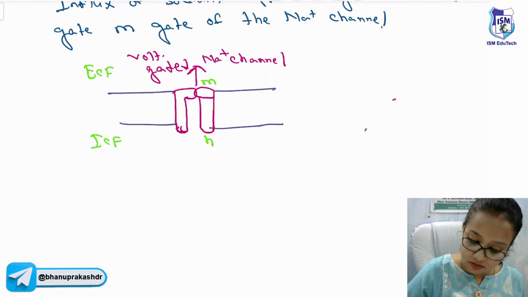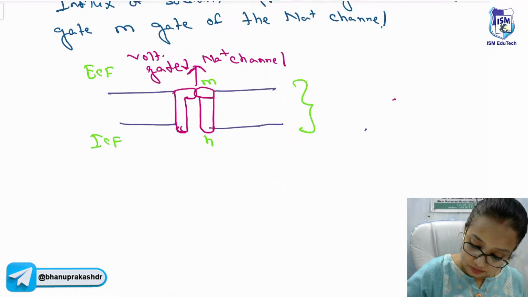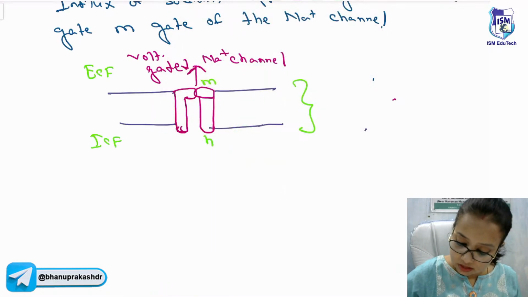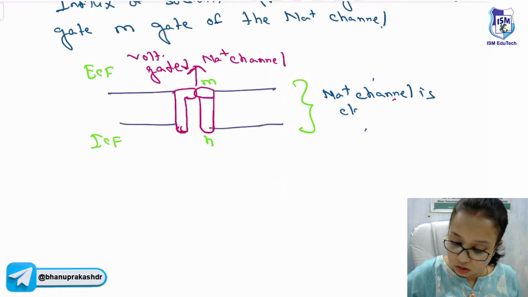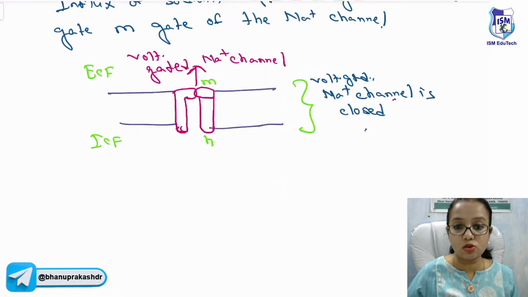Now, this is the way the sodium channel is closed. The voltage gated sodium channel is closed.